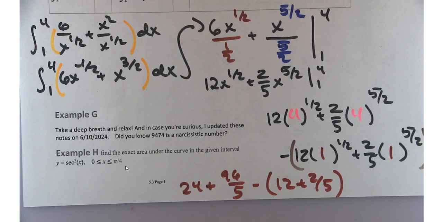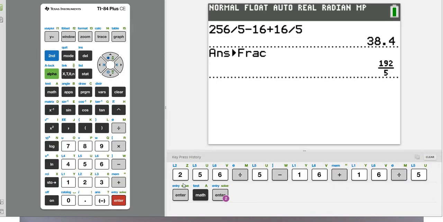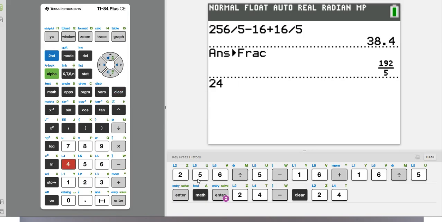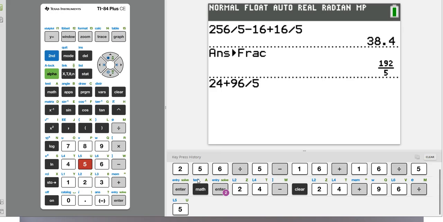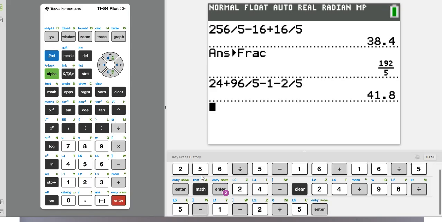What's that all turn out to be? Let's find out. 24 plus, oops, how about a plus? 96 divided by 5 minus 12 minus 2/5, 41.8. Kata, you getting the same thing?